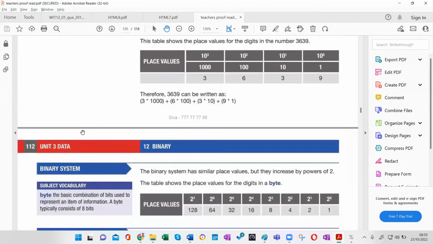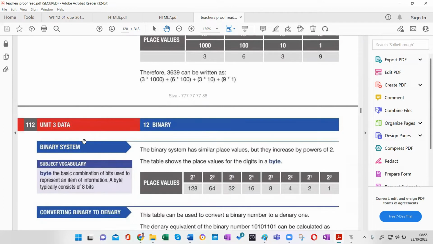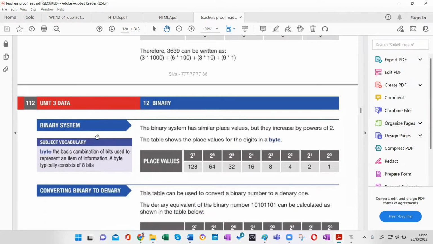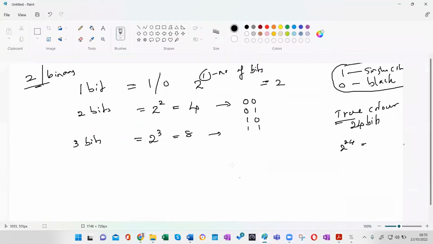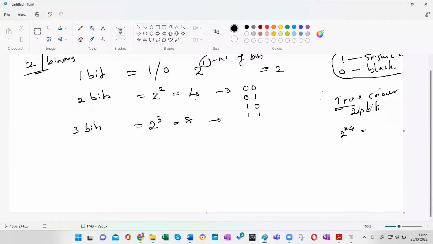Now if I ask you about the octal number system, octal means base 8. How many numbers are there? Easy, no?